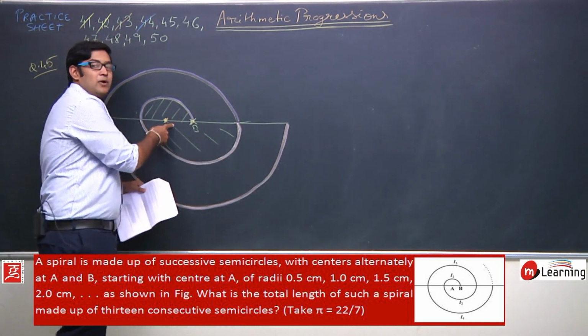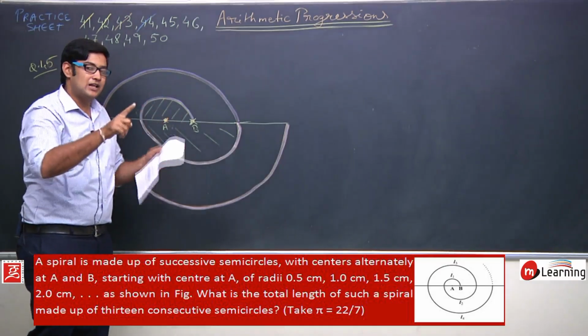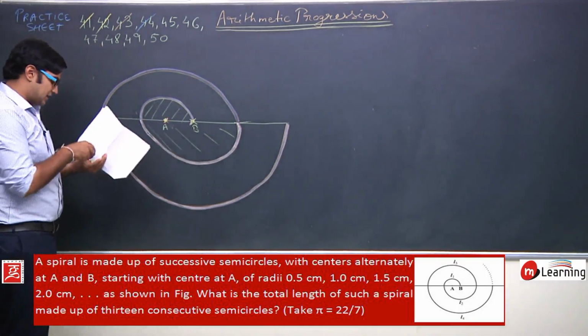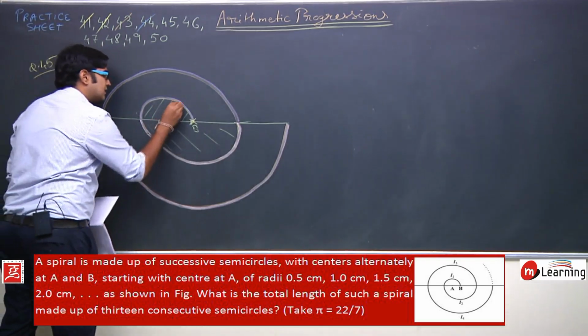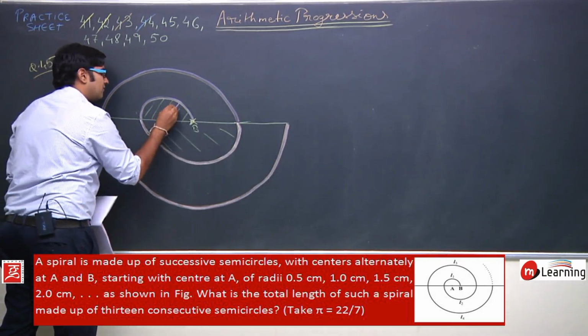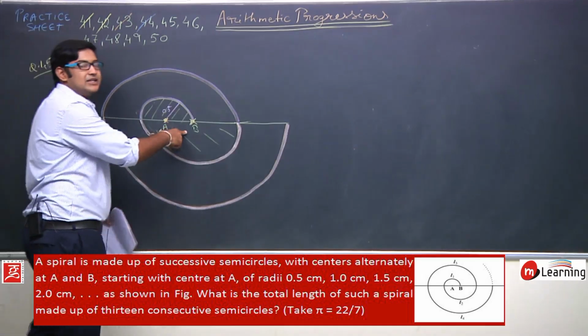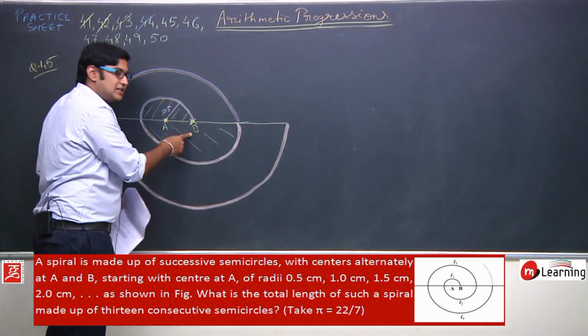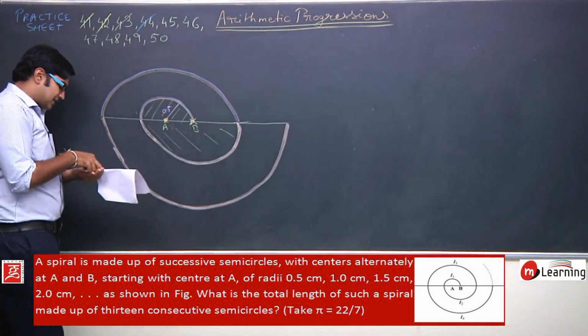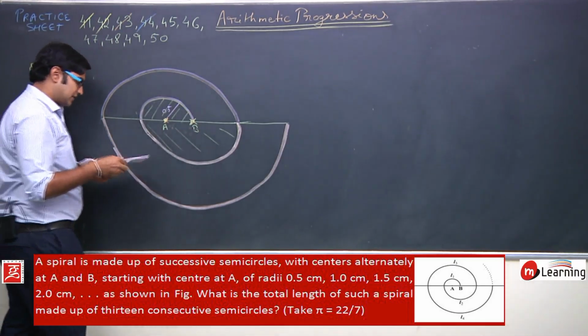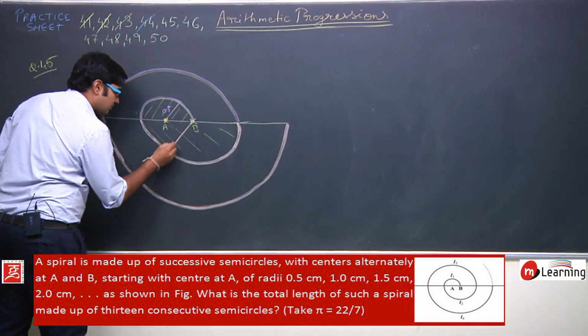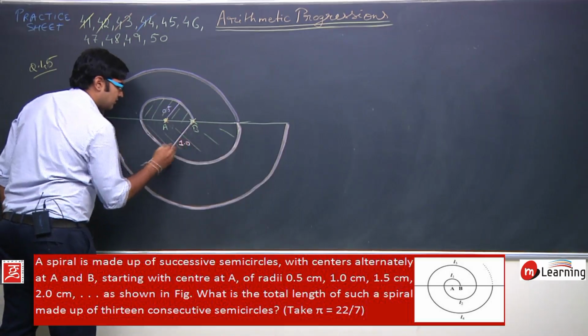point A. So from point A I have drawn the first semicircle, and the radius of this first semicircle is given as 0.5 centimeters. Then the second semicircle is drawn from B as the center, and the radius for the second semicircle is given as 1 centimeter. Okay.